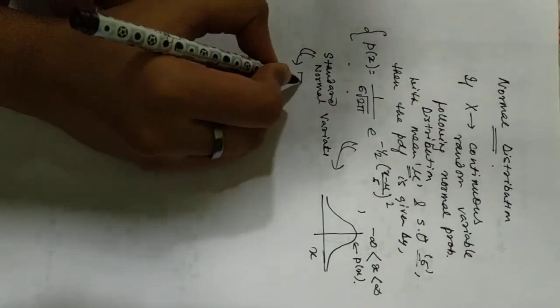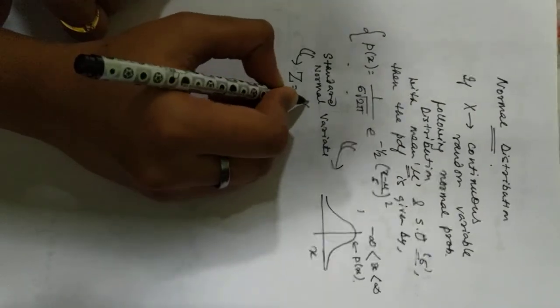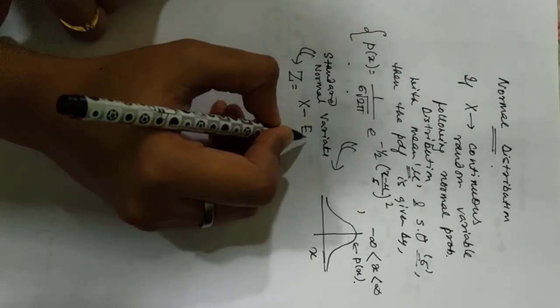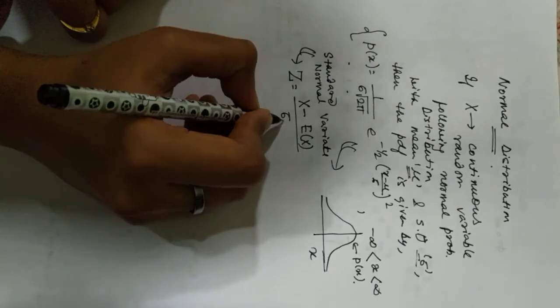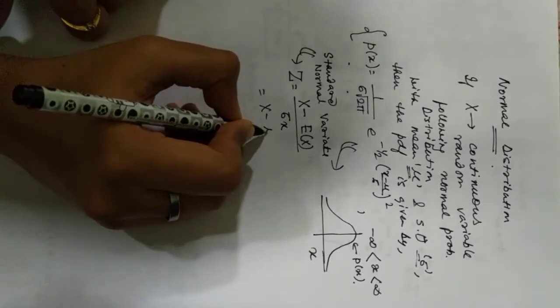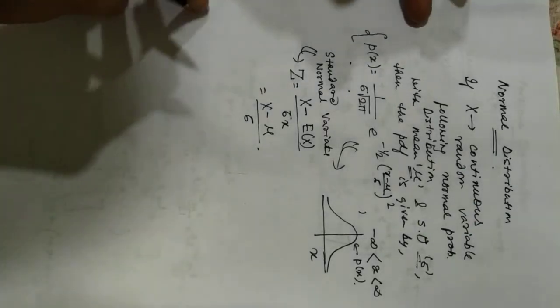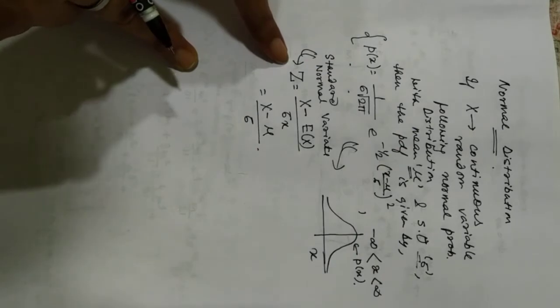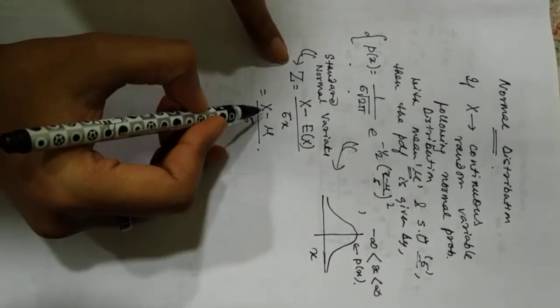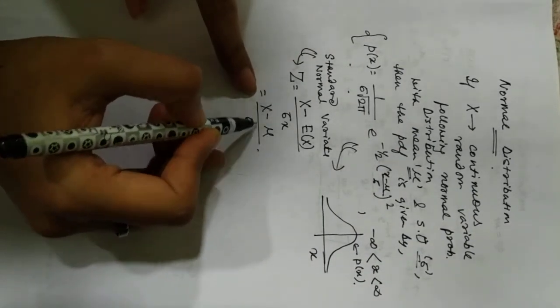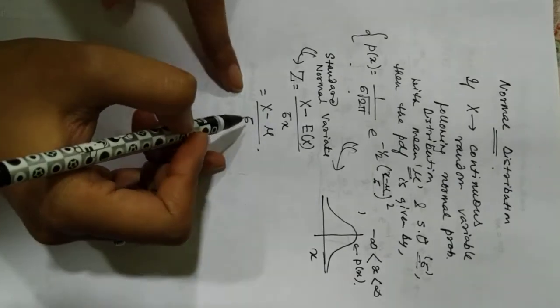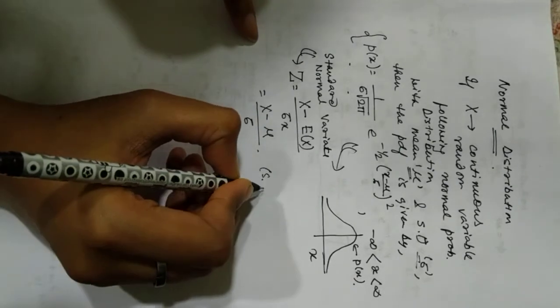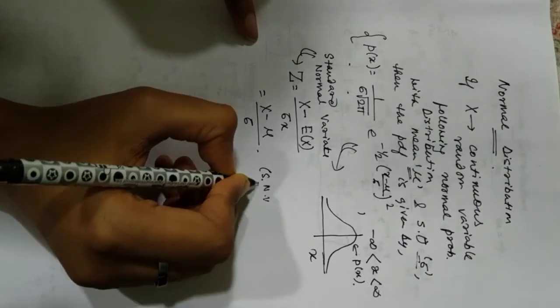The standard normal variate z is defined by x minus E(x) by sigma x, which is nothing but x minus mu by sigma. So for a normal distribution, we can define a variable called the standard normal variate, which is basically the variable minus the mean divided by sigma, right? And this is a very important quantity. We will come to know why it is so important. It is called the standard normal variate.